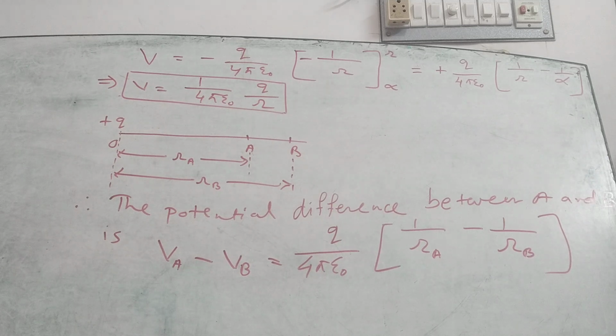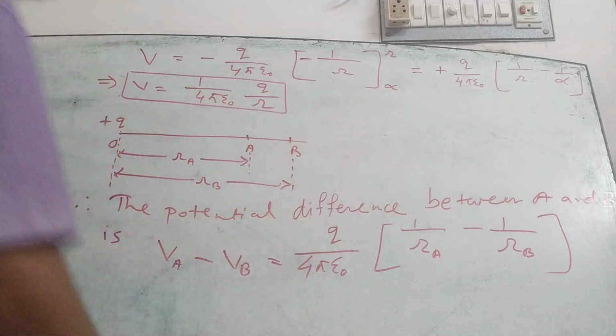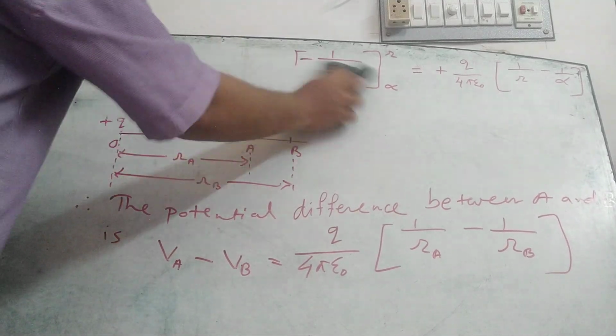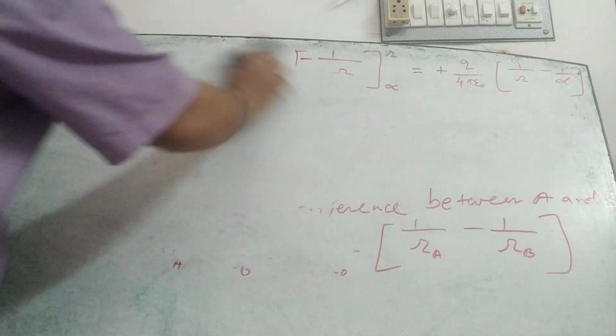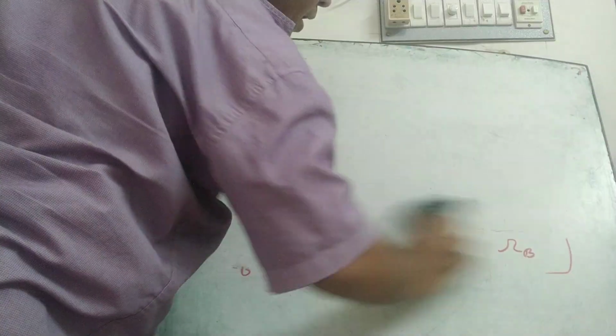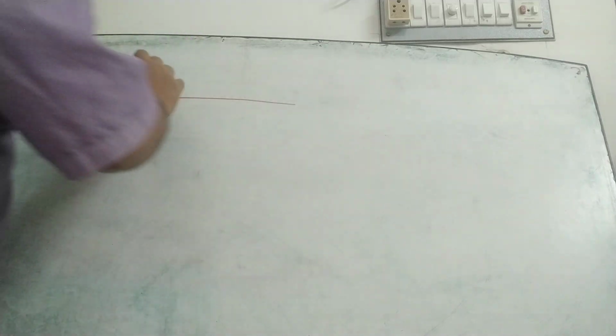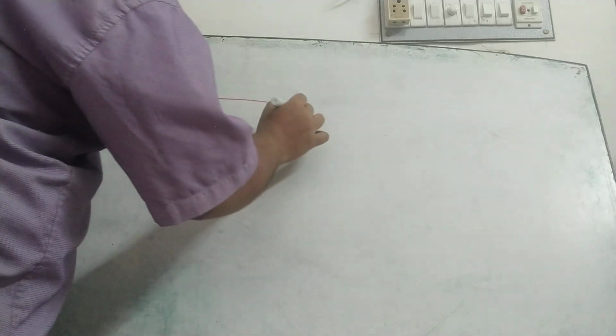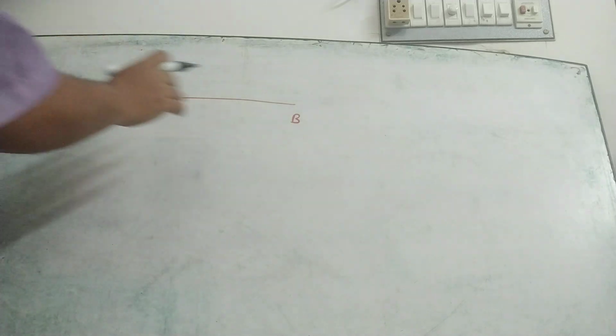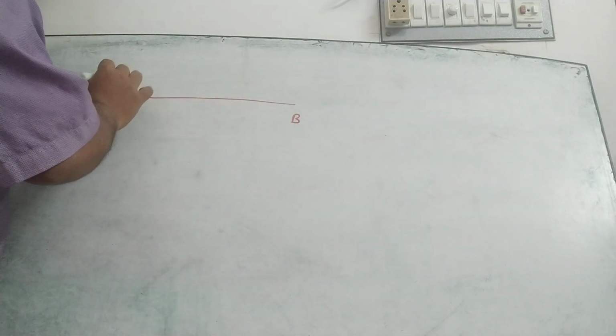Now, we are going to find out the electric potential at a point due to an electric dipole. Let AB be an electric dipole.